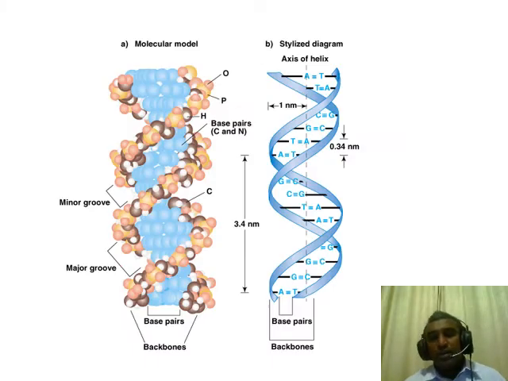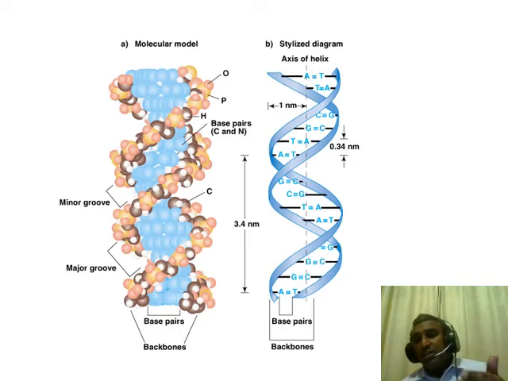Here we can explain the 6 features. Basically, you can see the double-stranded DNA, and then you have A complementary to T, G with C, and G and C have 3 hydrogen bonds, A to T only 2 hydrogen bonds. And then you can also see one strand is 5' to 3', not very clear here.